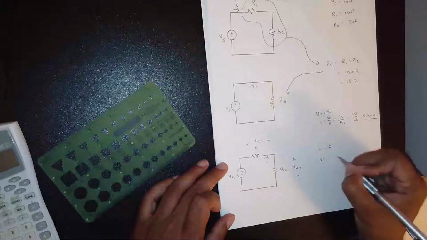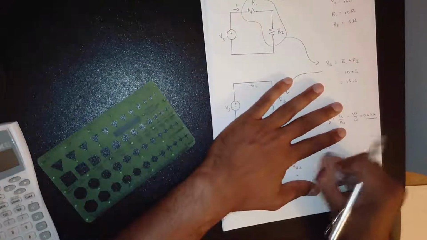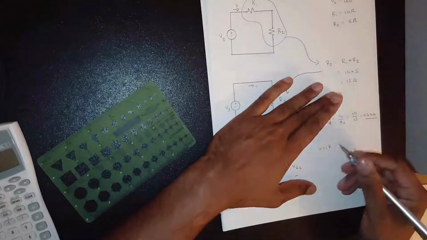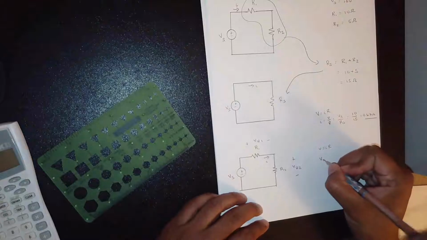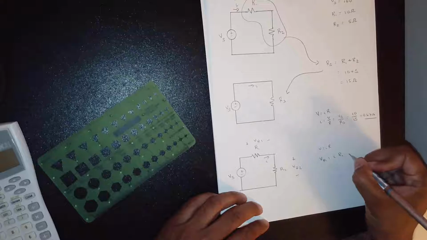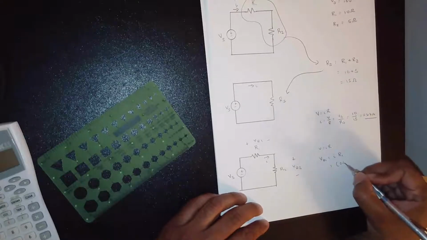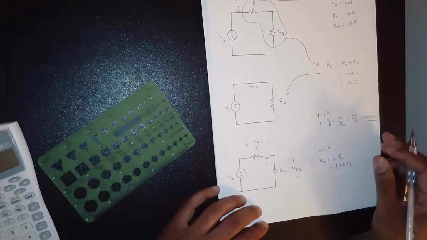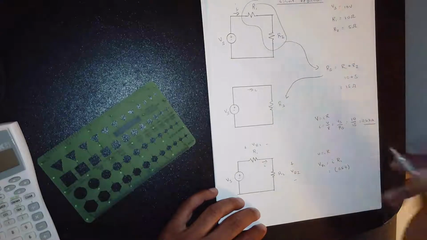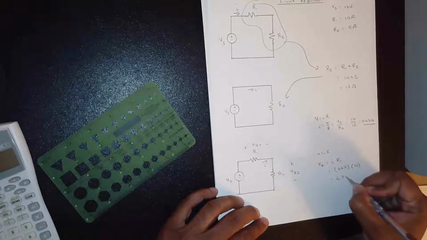So VR1 is equal to I times R1, which is what? I is 0.67. R1 is 10, which is equal to 6.7 volts.